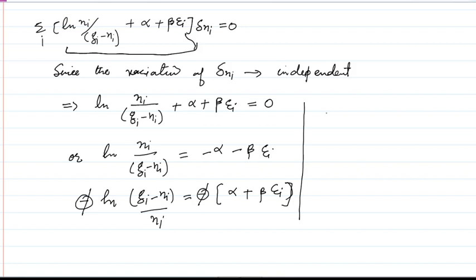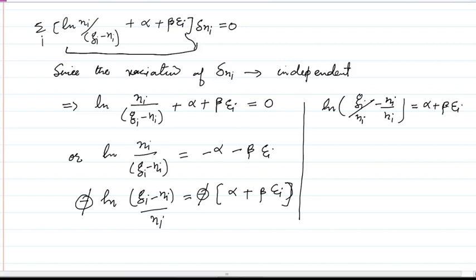That means now ln of Gi, or we can write it as, if we give back both to these terms Ni, it is Gi upon Ni minus Ni upon Ni will be equal to alpha plus beta Ei.